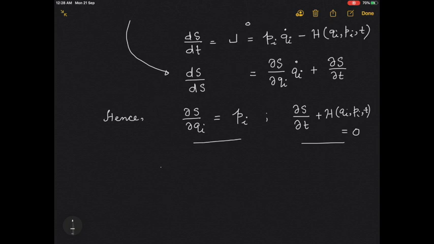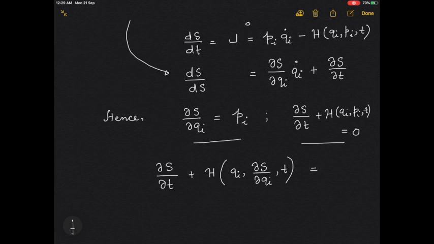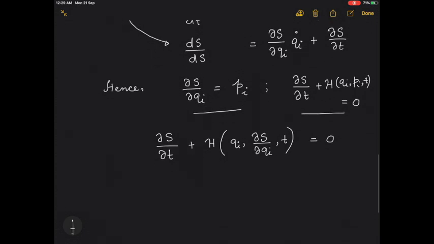And I can combine even these two and write del S del t plus h. Now h is a function of all qi's, which is alright, but it's also a function of pi, and the pi's are del S del qi, and function of t, and this is equal to 0.